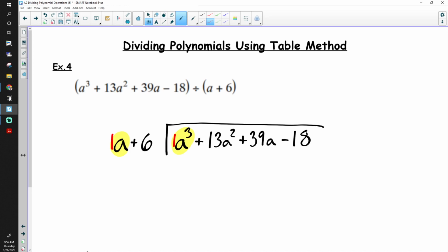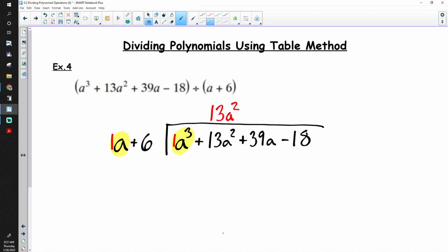Okay, so the first place I'm going to write is above the second term. So what will I have to multiply 1a by to make it 13a squared? 13, what's my variable going to be? A squared. Which makes sense, because when I multiply a squared by a, it will become a to the third.